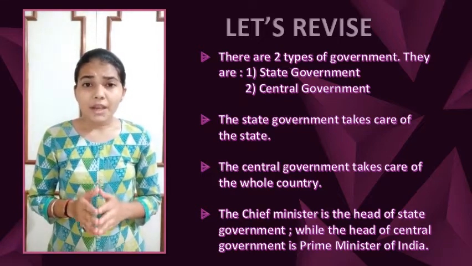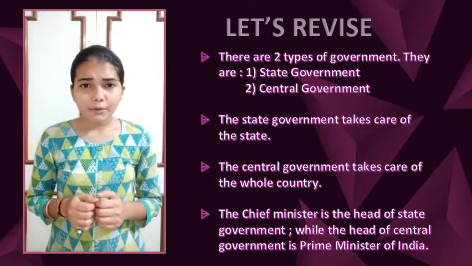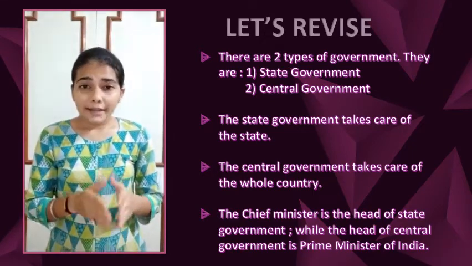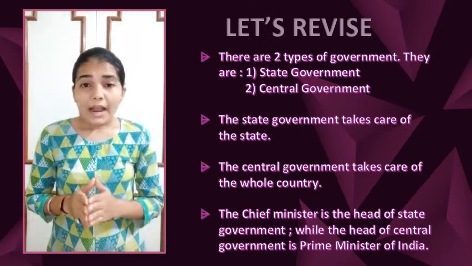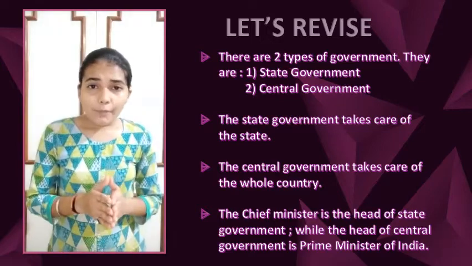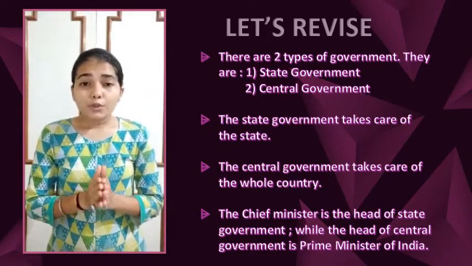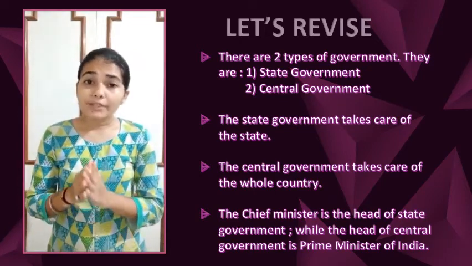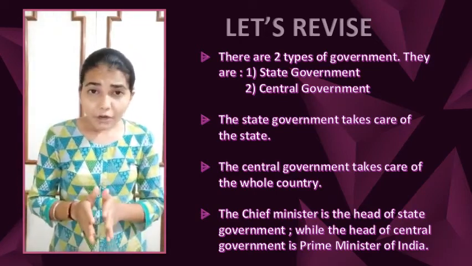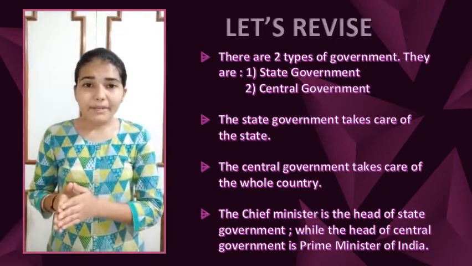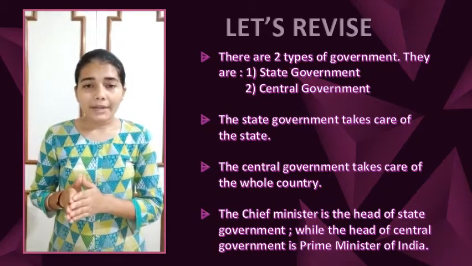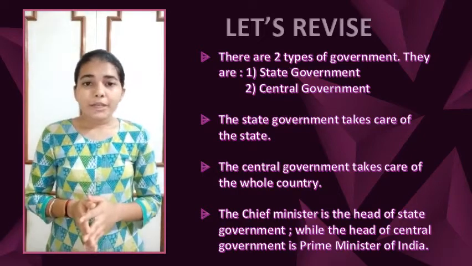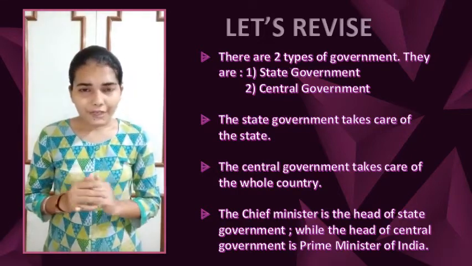In this way, we can get some points: the state government is headed by the chief minister and the state government is responsible to look after the state. While the central government is headed by the Prime Minister of India and it is the responsibility of the central government to look after the whole of the country.